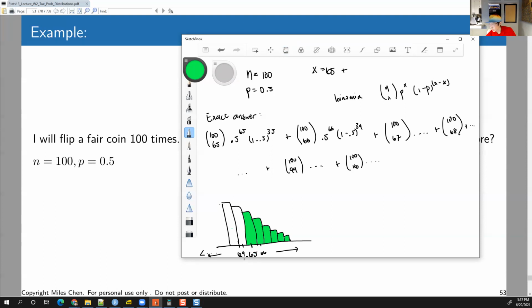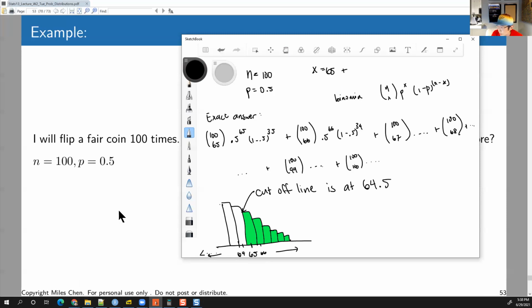So my continuity correction says, don't draw a line at 65. If you draw a line at 65, you're only getting half of the bar. So we're actually going to draw our cutoff line at 64.5. It's not at 65, it's not at 64, it's in between.